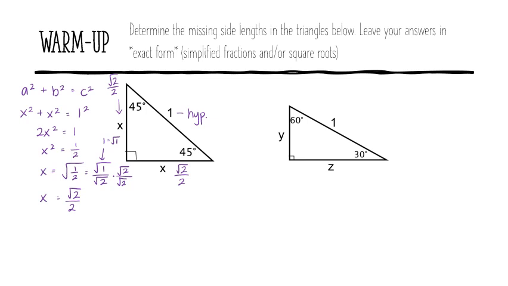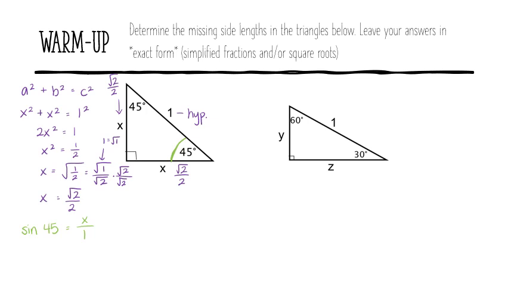Now that's how I could solve for x using the Pythagorean theorem. Perhaps I could also solve using trigonometry. So maybe I could say instead that if I'm considering this 45-degree angle as my angle of reference, I could say perhaps that the sine of 45 degrees is equal to the opposite, that's x, over the hypotenuse, that's just 1.